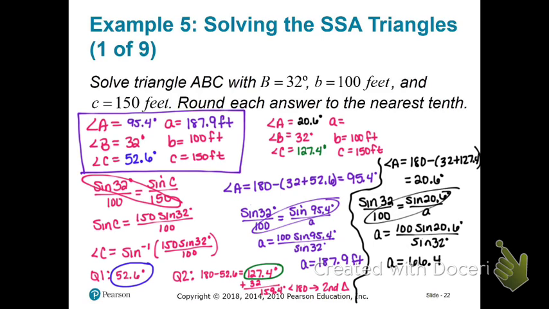Okay, just making sure I was hearing correctly. Feet. And there's my second triangle.